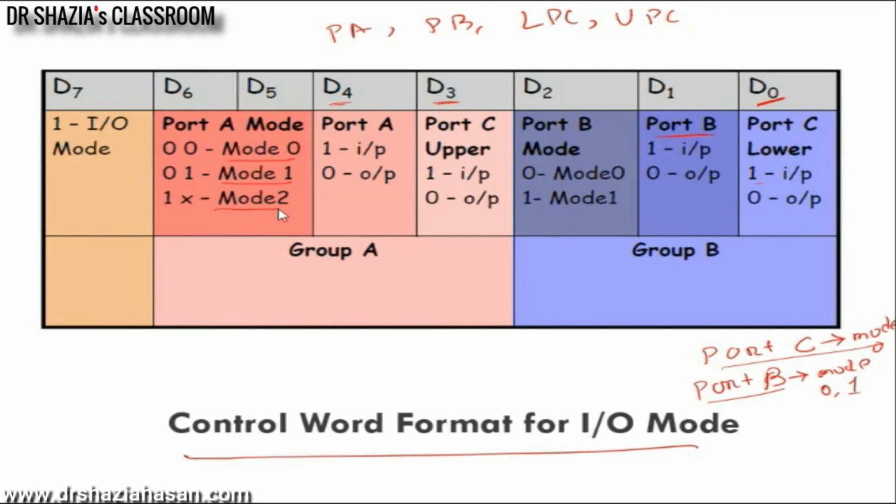So if you see, we can categorize it like this: mode 0, all ports PA, PB, PC can operate in mode 0. Port C can operate only in mode 0. So all three ports can go for simple data transfer. But PA and PB can go for mode 1, and only PA can go for mode 2.